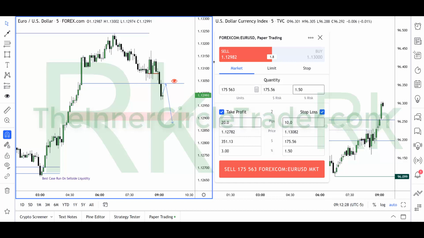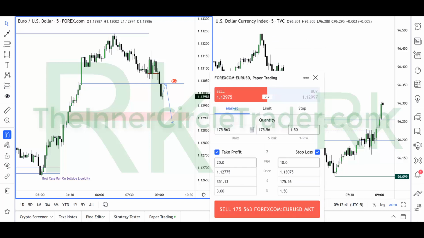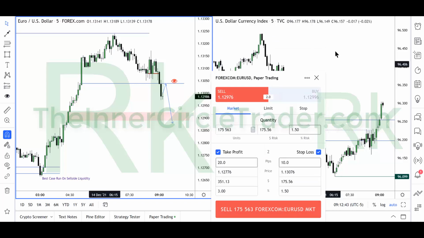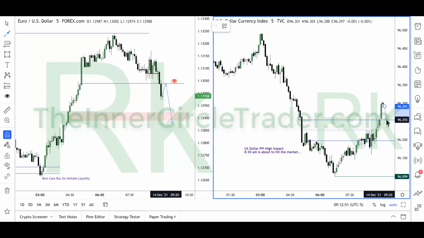Now on the dollar index, we would be expecting the opposite. So what would the opposite look like for that? Well, let's get this window out of the way here. And here's some hindsight for you. I think it's going to go down to the premium high right there, drawn in here in real time.